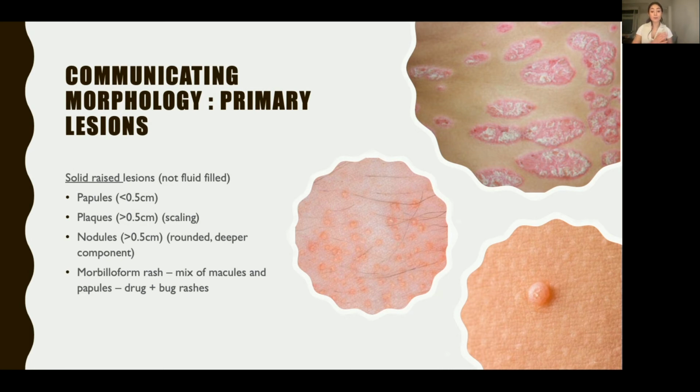Nodules are more than 0.5 centimeters, but they have a more rounded, deeper component to them. So an example would be molluscum contagiosum, and they're more pearly nodules. And then, interestingly, a morbilliform rash is just a huge mix of macules and papules, and they tend to be from drug reactions and bug reactions. Okay, next slide.